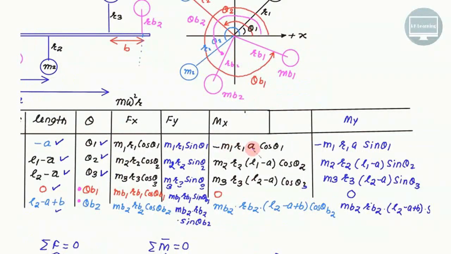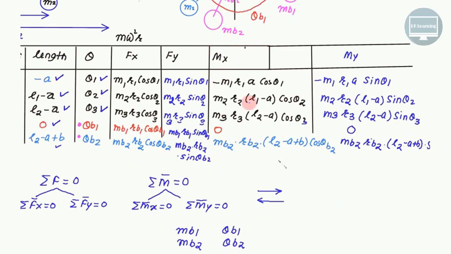In this one, M1, R1, A cos theta 1 is known. M2, R2, L1 minus A cos theta 2 known. This one is known. This one we have MB2 and theta B2, two unknowns. And the summation of MX is 0. So one equation you can form from this and one equation from this. Two equations. Can we find out in that case the values of MB2 and theta B2?